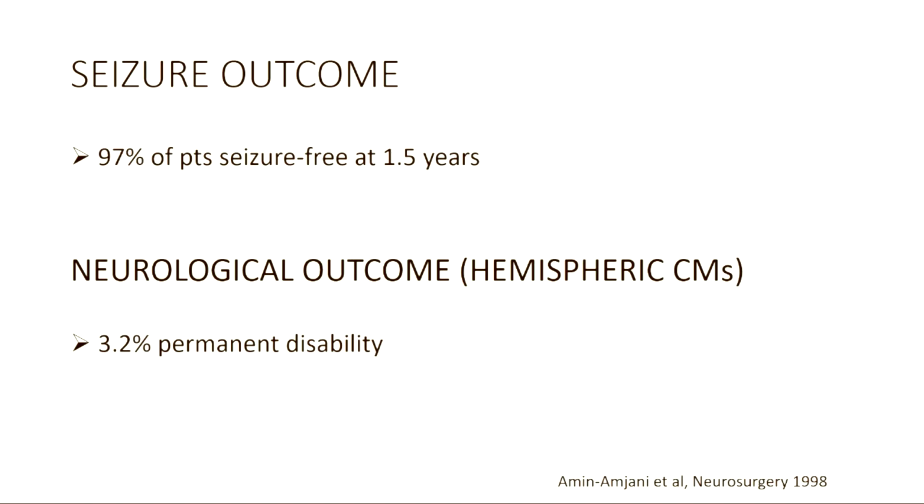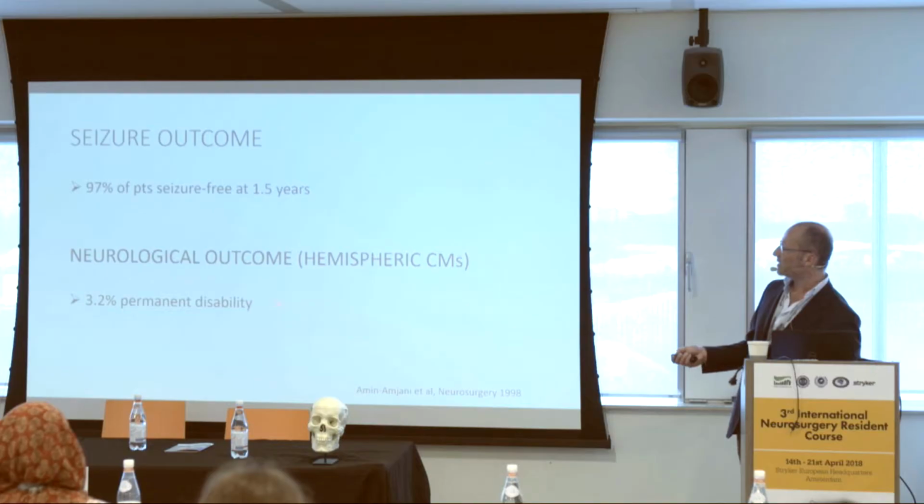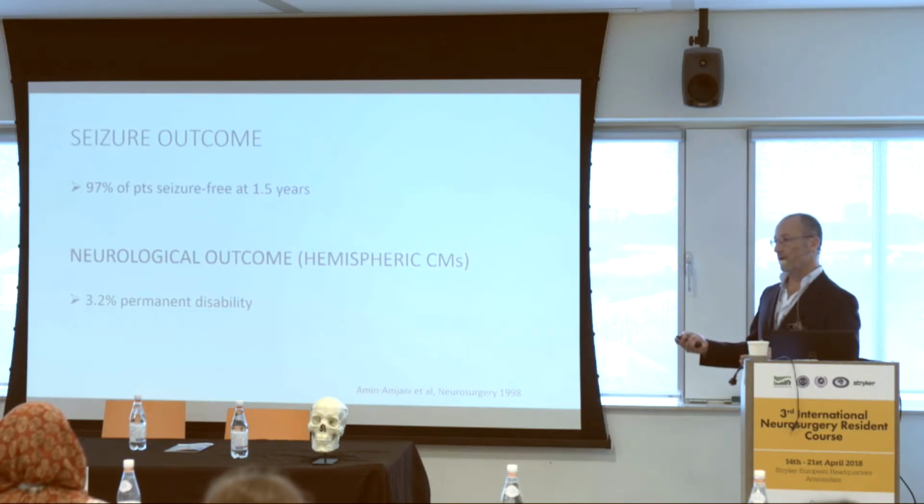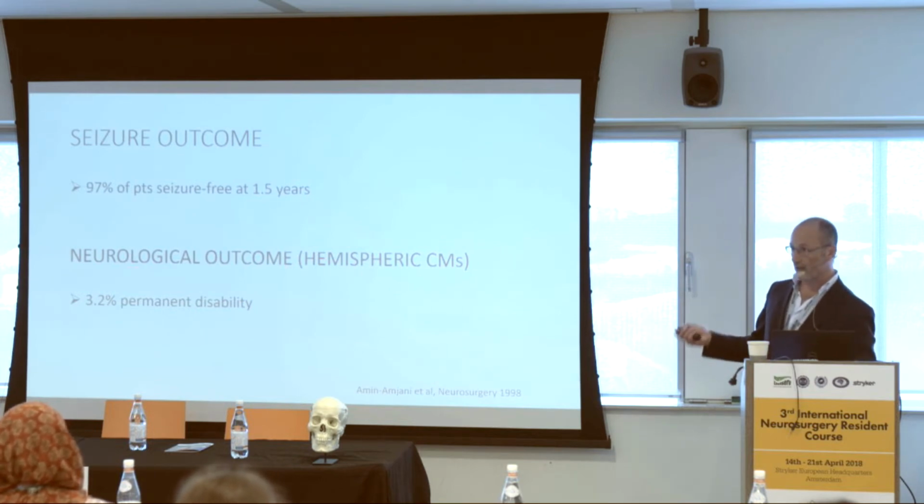But for brainstem cavernous malformation, the situation is completely different. Brainstem cavernous malformations are approached at the pial or ependymal surface. It means that generally, when they are separated from the pial or ependymal surface by normal brain, a follow-up is proposed.